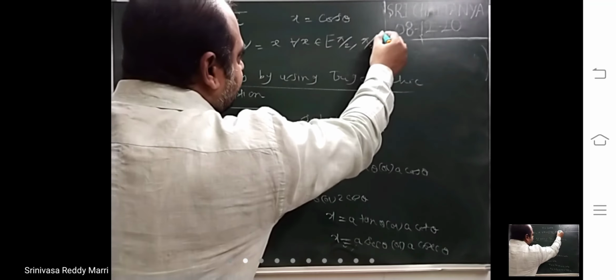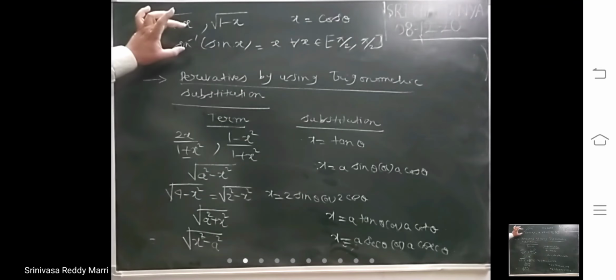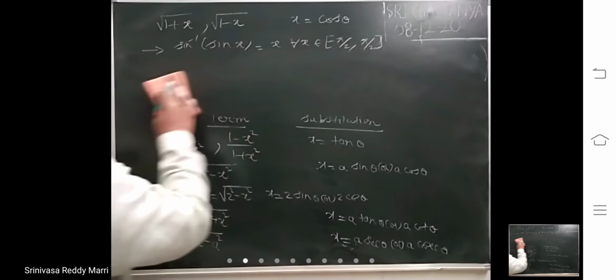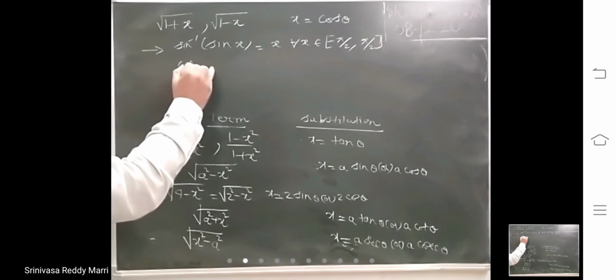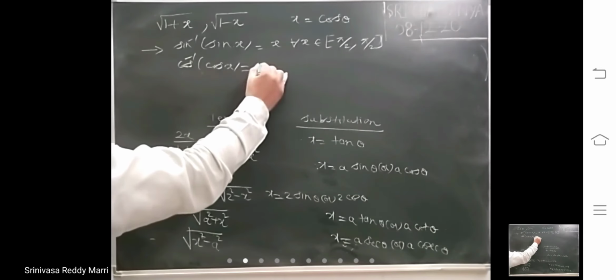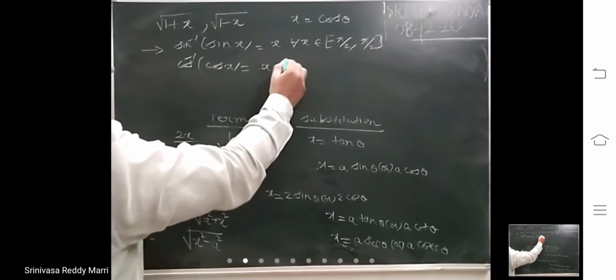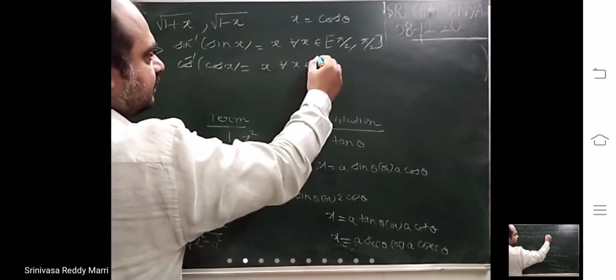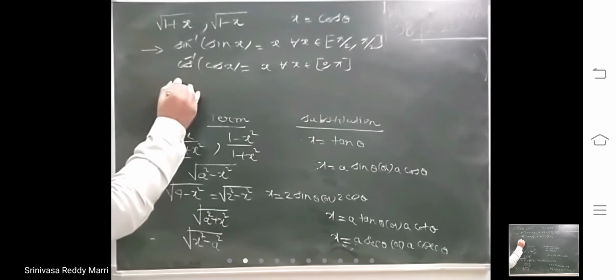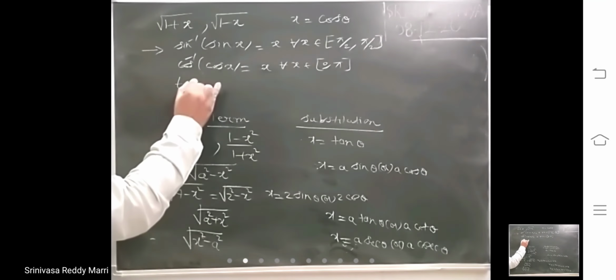Only if this x lies between minus pi by 2 to pi by 2, then only you can write sin inverse sin x equal to x. Similarly, let us memorize that. Cos inverse cos x equal to x for all x belonging to only 0 comma pi.